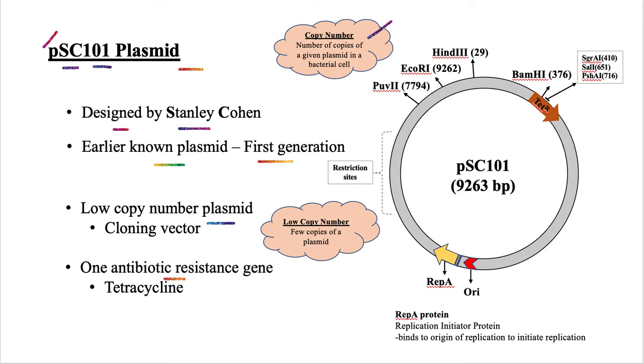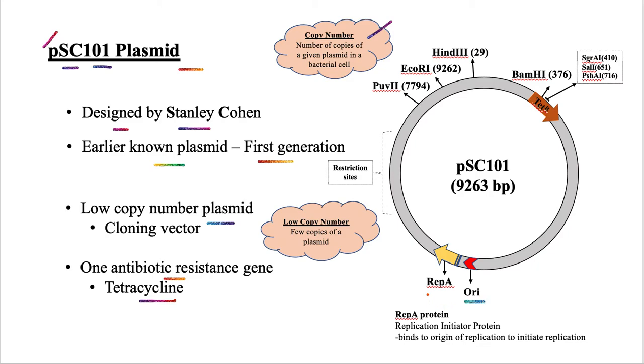The other characteristic is that this plasmid has one antibiotic resistance gene, which confers resistance to the antibiotic tetracycline. So this is the overall structure of the pSC101 plasmid. I have mentioned here the origin of replication site. As I mentioned before, the origin of replication is the region used to initiate replication, and with that replication we have many copies of the plasmid.